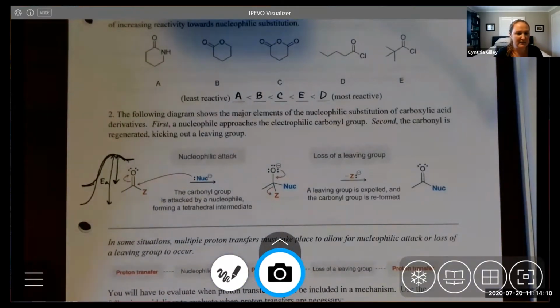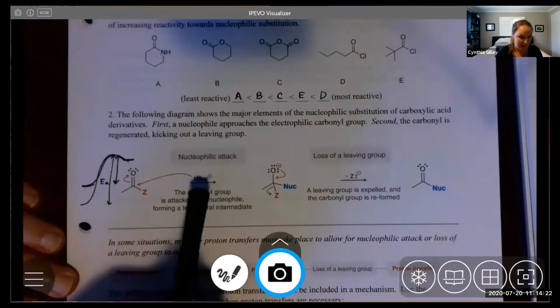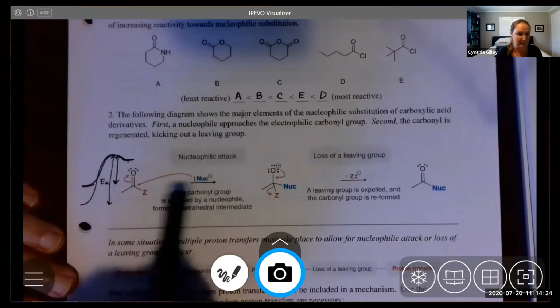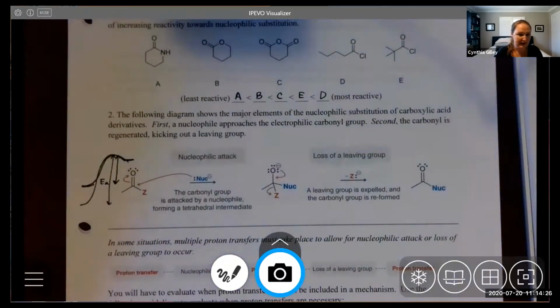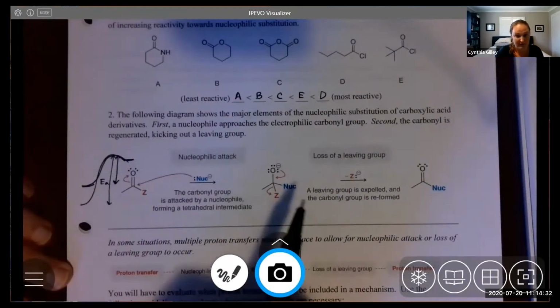So I think it helps to understand when I am going to do certain proton transfers and when I am not. The first one, at least, depends on the reactants. If we don't have a strong nucleophile or a strong electrophile, we will do it. Later on, do we need a proton transfer before the loss of a leaving group? Well, it depends on if you have a good leaving group.